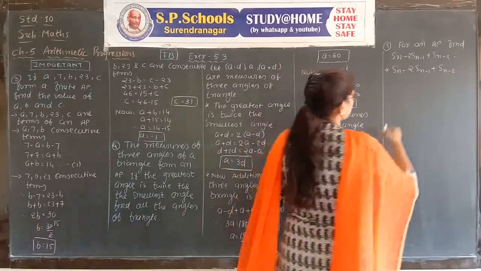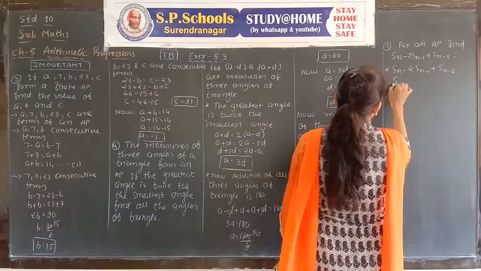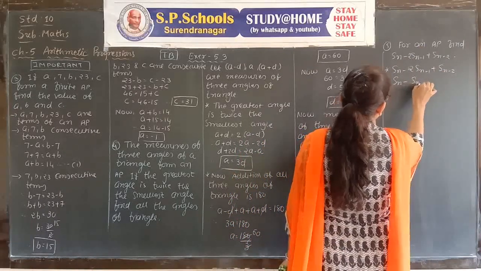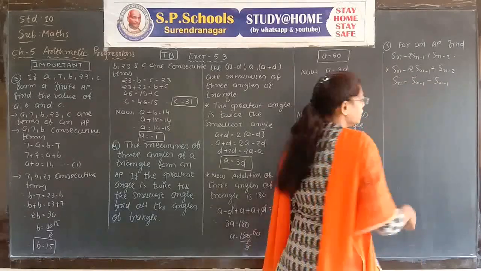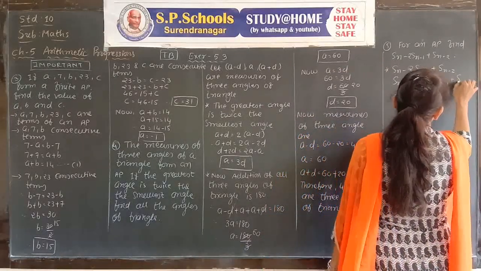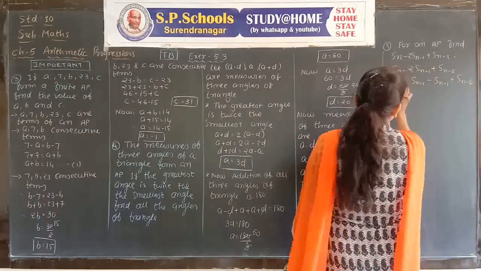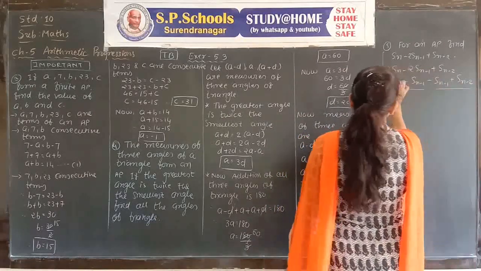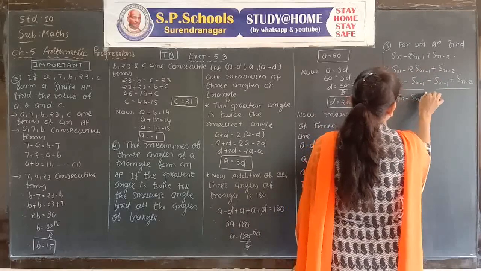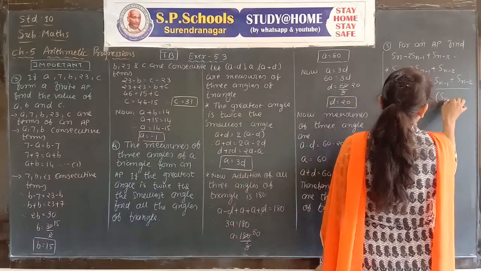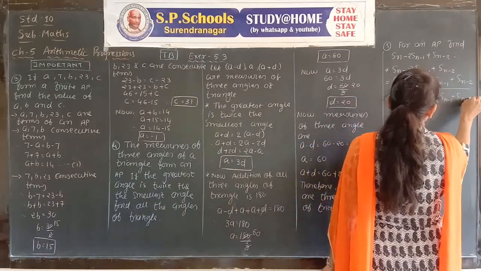Here the middle term is 2 Sn minus 1. Therefore, Sn minus 2 Sn minus 1 plus Sn minus 2 can be written by pairing the first two and the next two terms in brackets: (Sn minus Sn minus 1) minus (Sn minus 1 minus Sn minus 2).